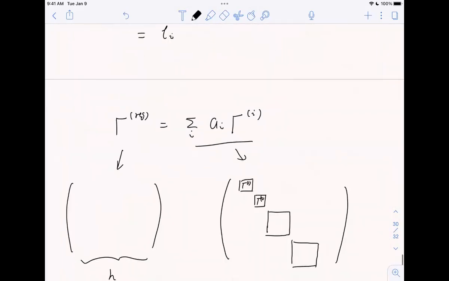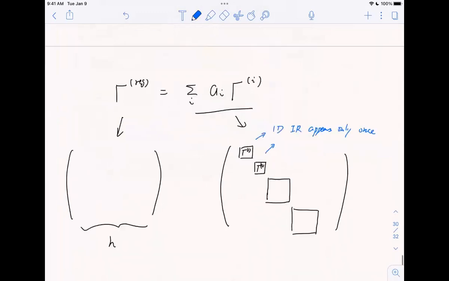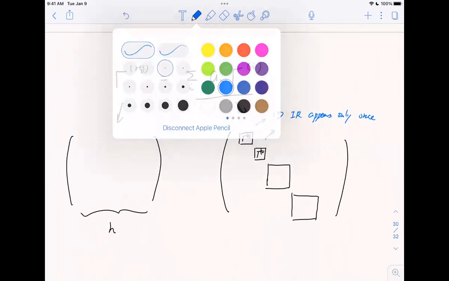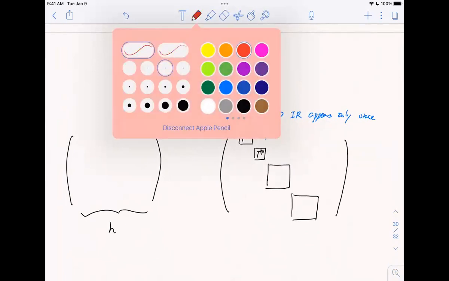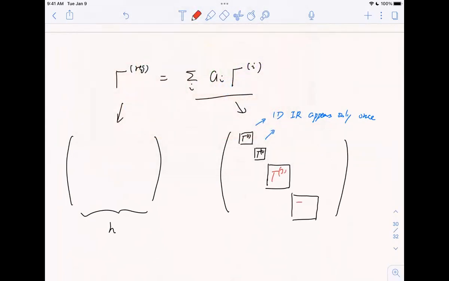Like this 1D irreducible representation appears only once. Okay? So this is gamma 3.